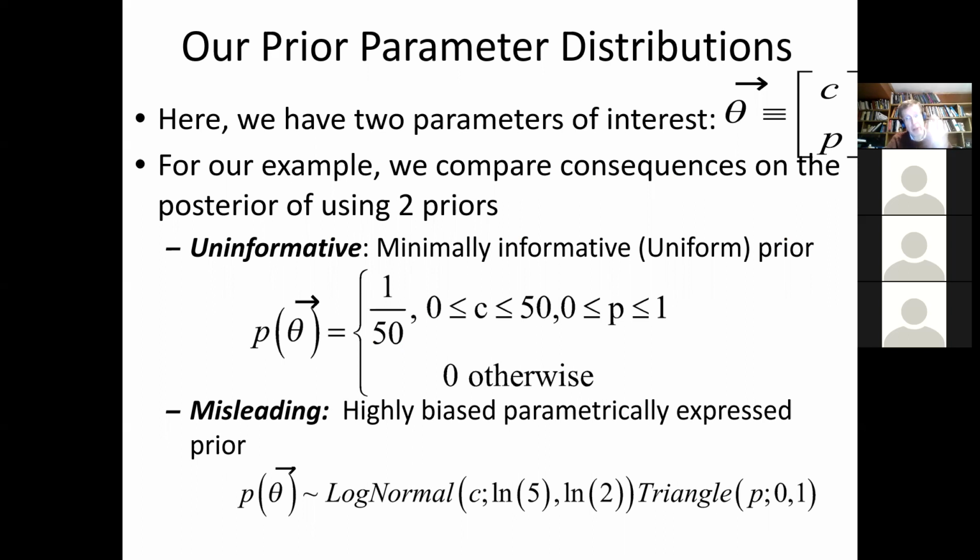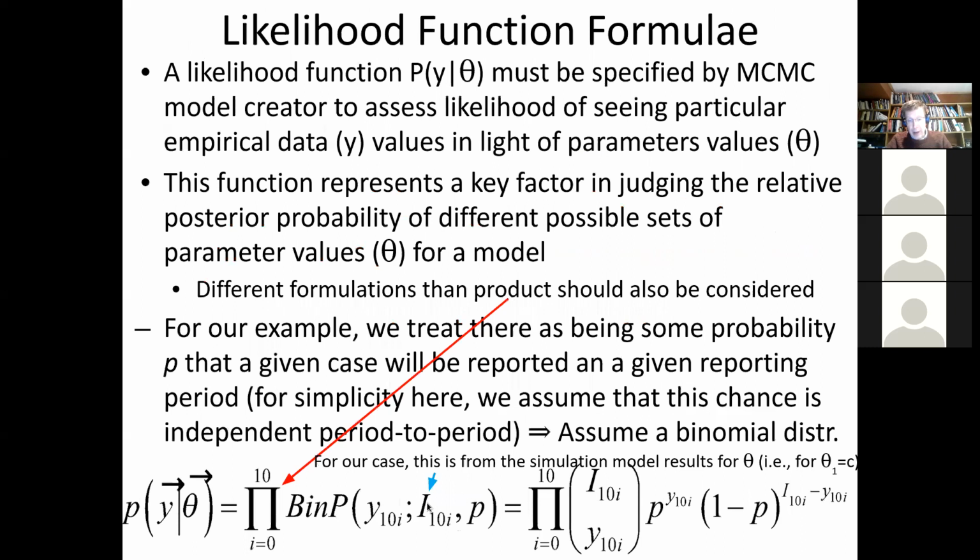But if I have a simulation model where I can plug these in, and particularly plug in this contact rate, I can run the simulation model and see how many infections there are at day, say, 10.